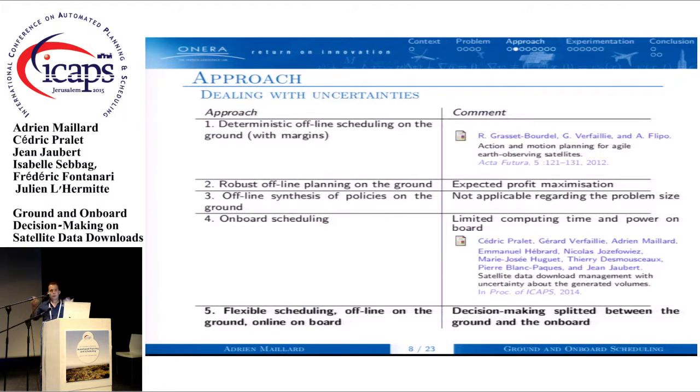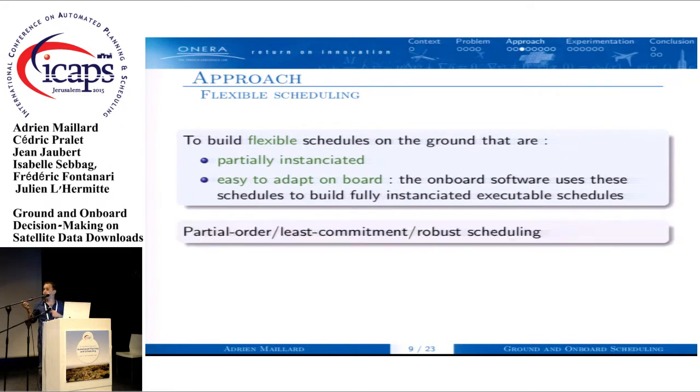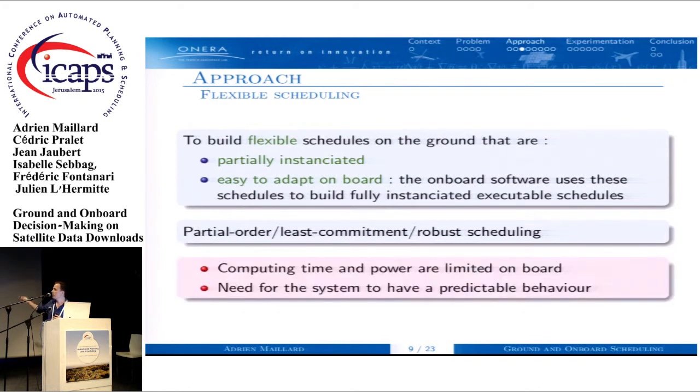So we want another option, flexible scheduling. It means a part offline on the ground and a part online on board. We want to separate things. We want to build flexible schedules on the ground that are partially instantiated and easy to adapt. It relates to partial order, list commitment, or robust scheduling or planning.